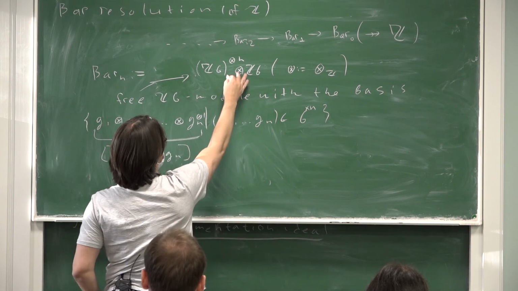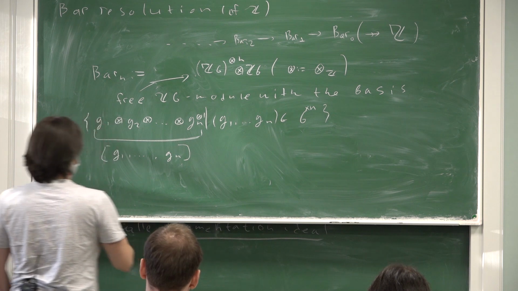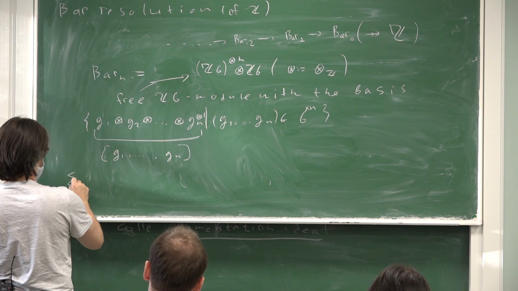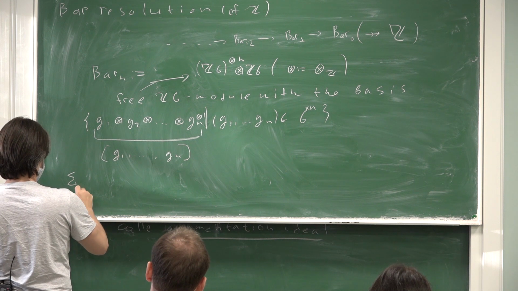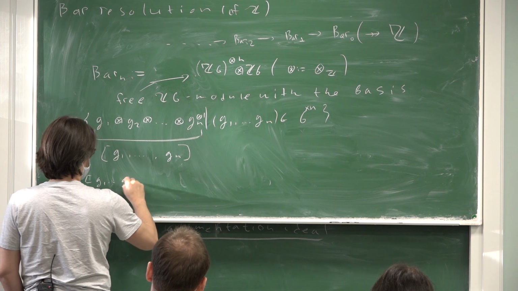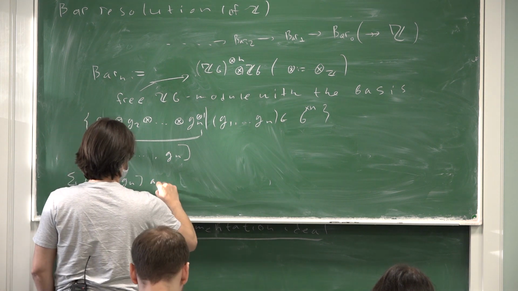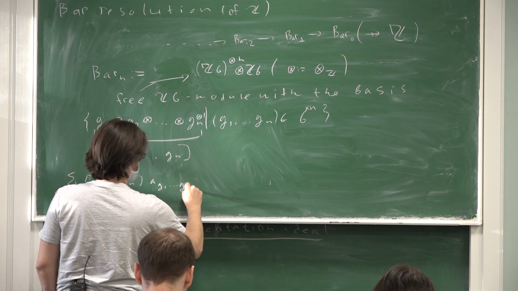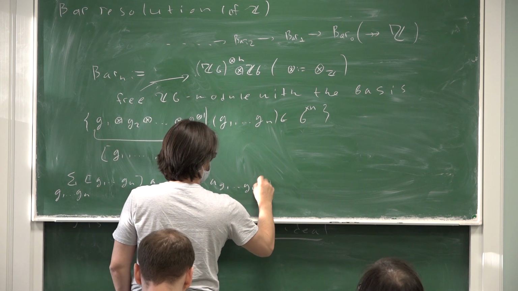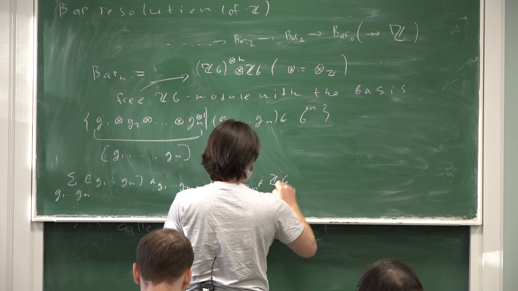So an element of this is written in a unique way as a sum over G1, ..., Gn of A(G1, ..., Gn) times that, where A(G1, ..., Gn) are elements from Z.